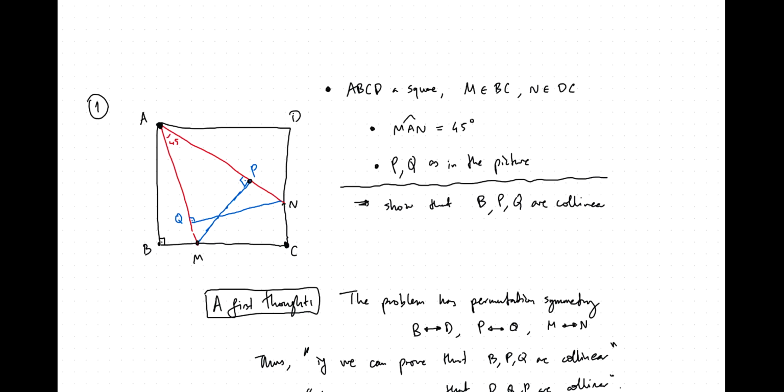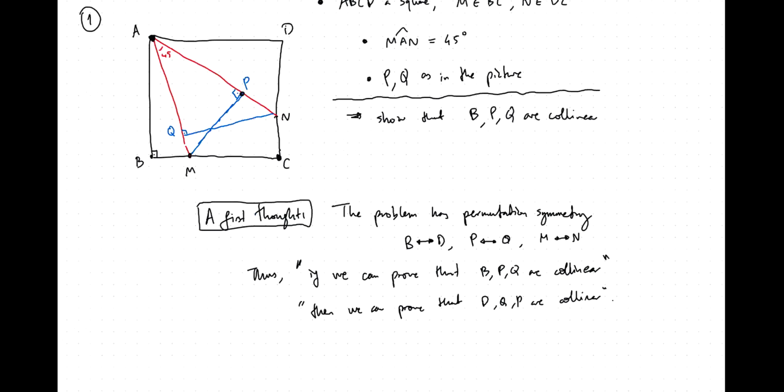However, if I change the problem and if I try to prove BPD are collinear and BQD are collinear separately, then I don't have to analyze P and Q at the same time, which saves me from one challenge. I can analyze them separately now. P is on the diagonal, Q is on the diagonal. Now these are completely analogous statements, so it is enough to prove one of them.